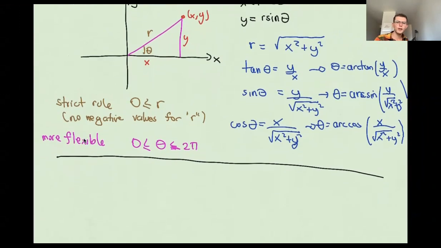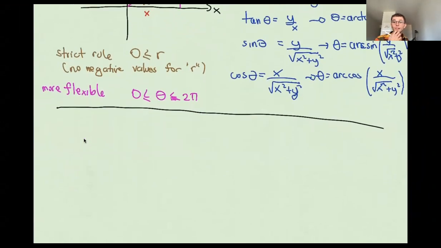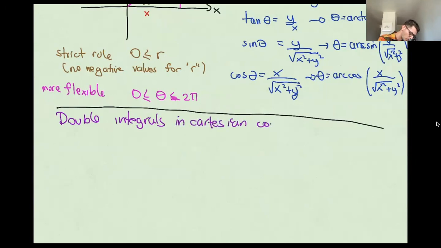Now, if you think about double integrals, here's the fun part. Let's remind ourselves what double integrals are in Cartesian coordinates. The stuff I was writing up to this point has some function with bounds, and then you would write something like dy dx.